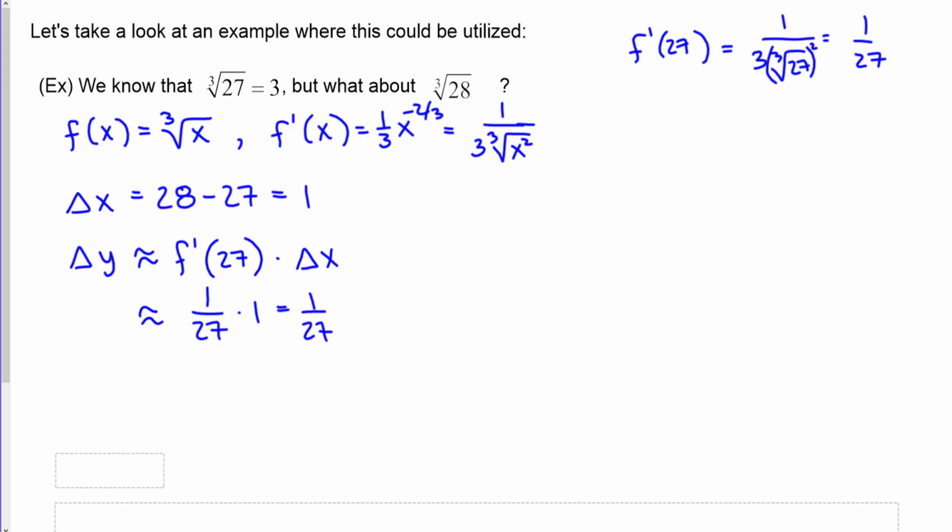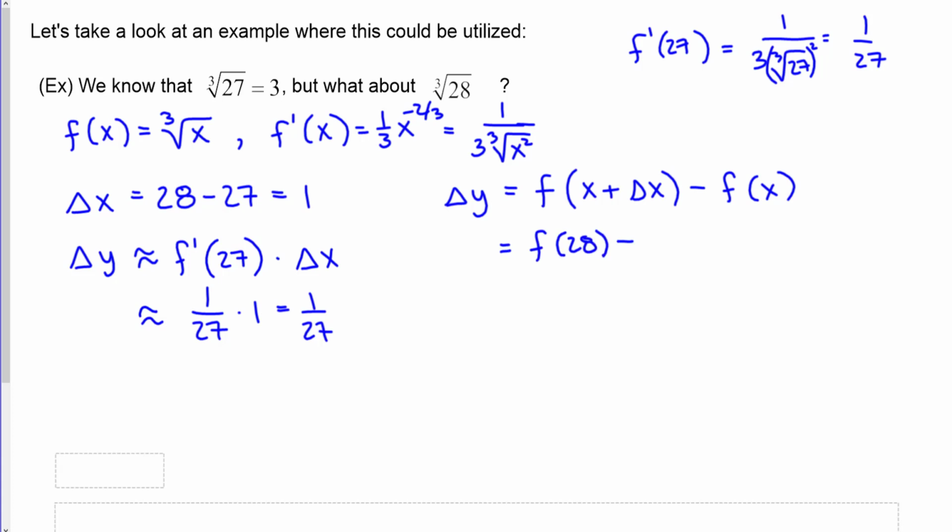And the change in y is the function evaluated at x plus delta x minus f of x, which in this case would be f of 28 minus f of 27.